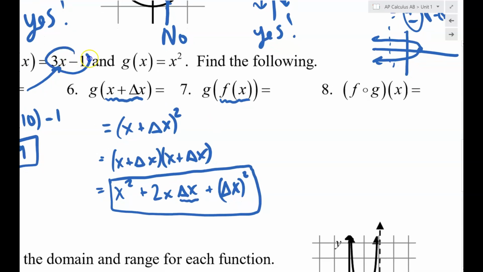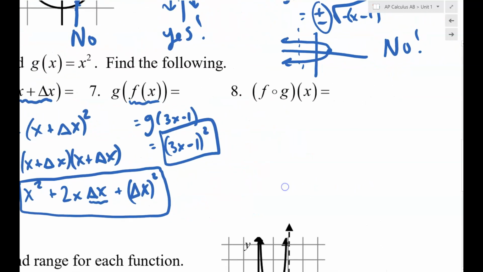So I'm going to take the 3x minus 1 and plug it in. So this becomes g of 3x minus 1, which if we evaluate gives us (3x minus 1) squared. Okay, and that is it.